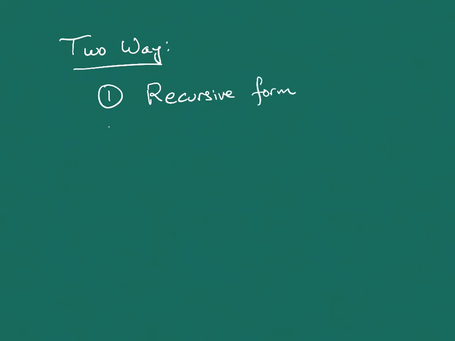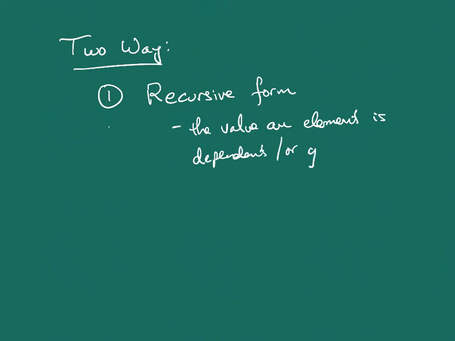The recursive form really is a form in which the value of an element is dependent on, or given by, some function of the previous elements.